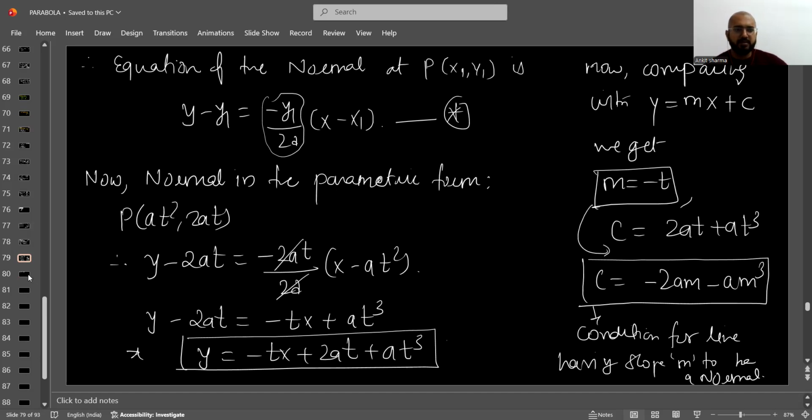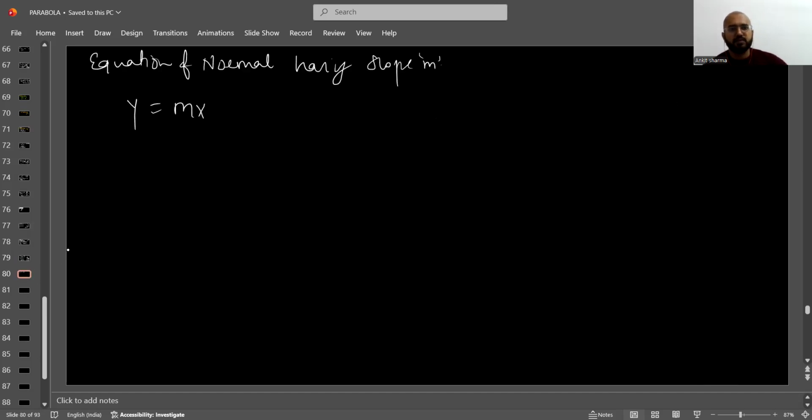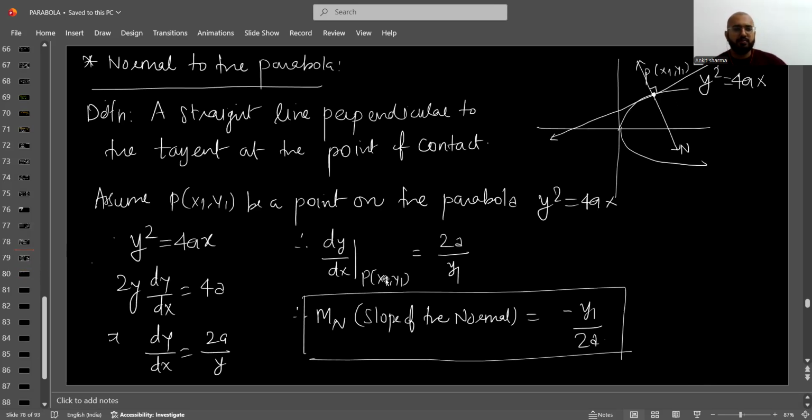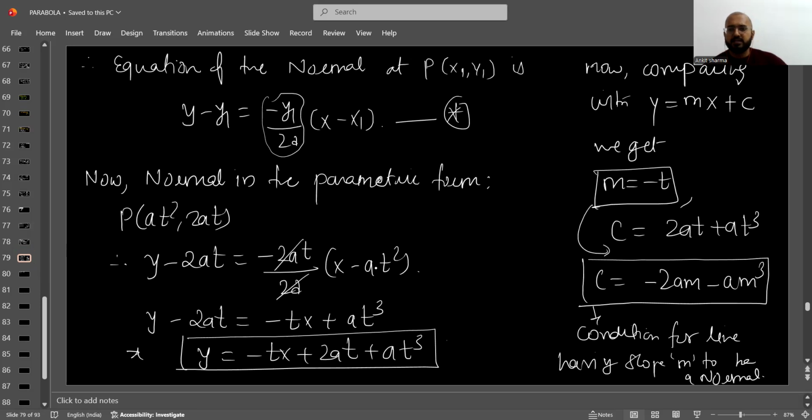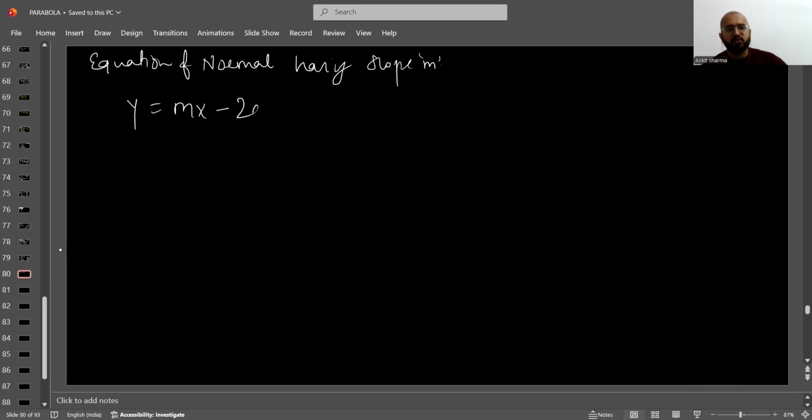So I get y is equal to mx plus c, and the condition of normal, that is c is equal to minus 2am minus am cube, I can simply plug in here, or else you can plug in m is equal to minus t here. So this gives me y equal to mx minus 2am minus am cube. This is the required equation of normal having slope m.